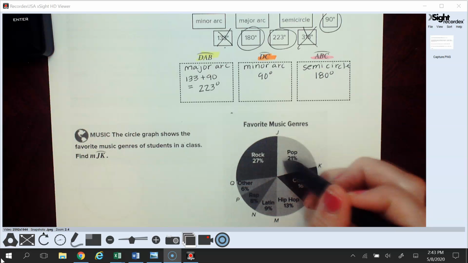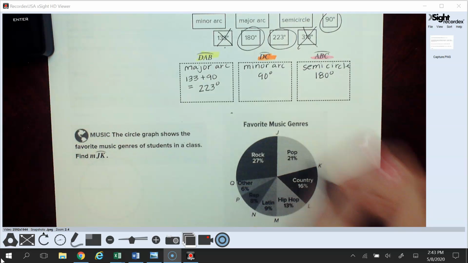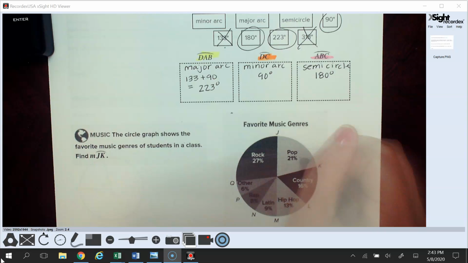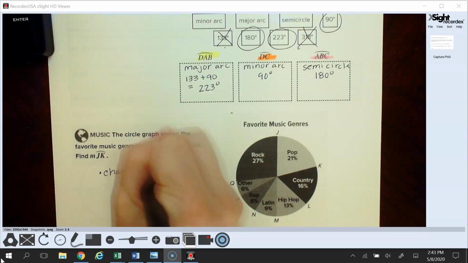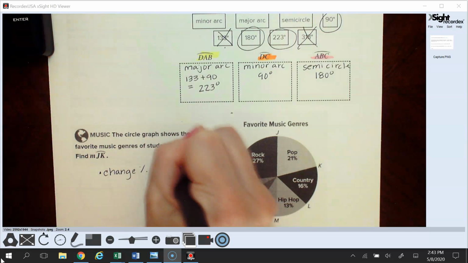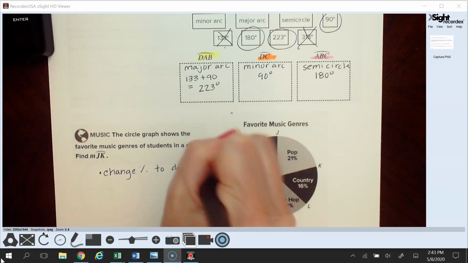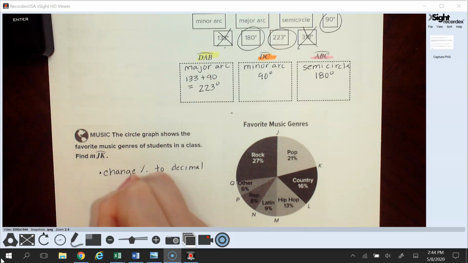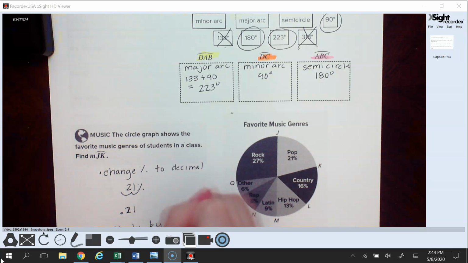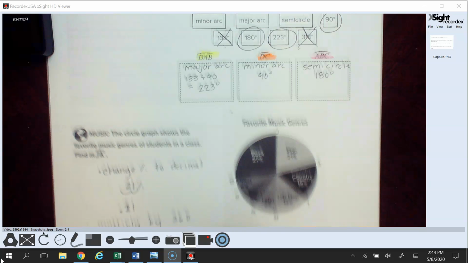So they want to know how big arc JK is. So that's 21%. To find that measure, the first step is change the percent to the decimal. So I'm going to take 21% and just move that. So that's 0.21. And then you're going to multiply by 360.